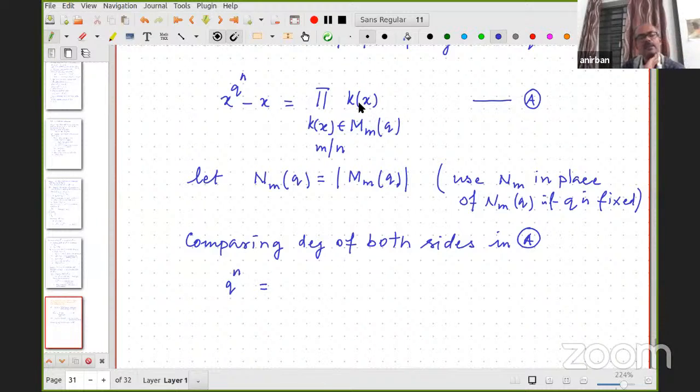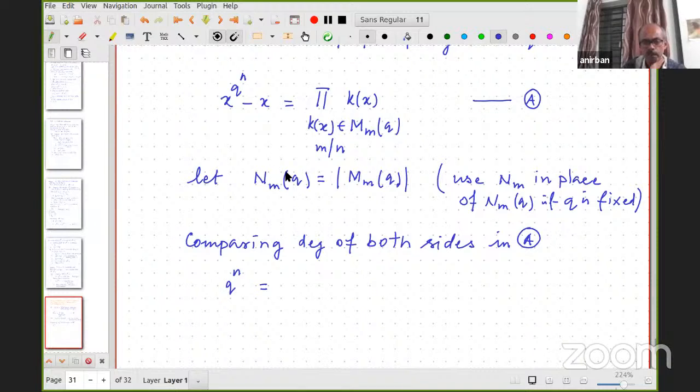So this k(x), for a fixed m, so suppose m is fixed, has degree m, and how many such k(x) we have. So we are multiplying this.